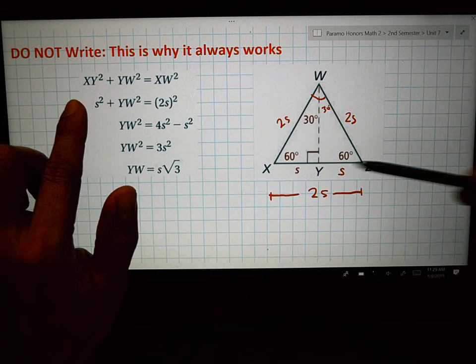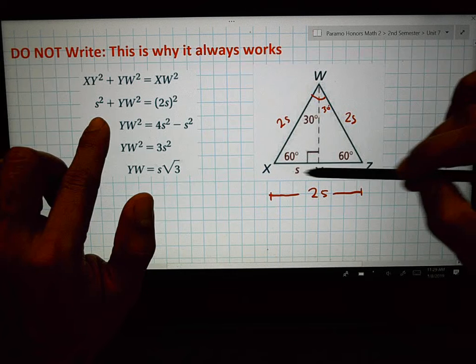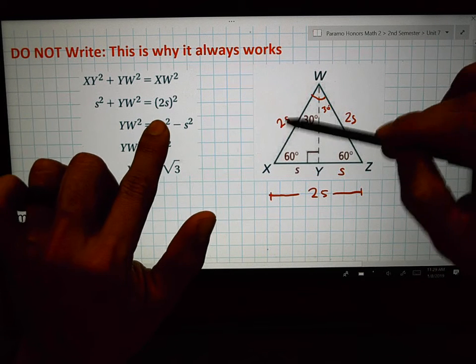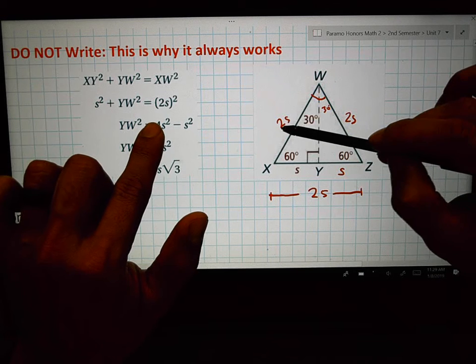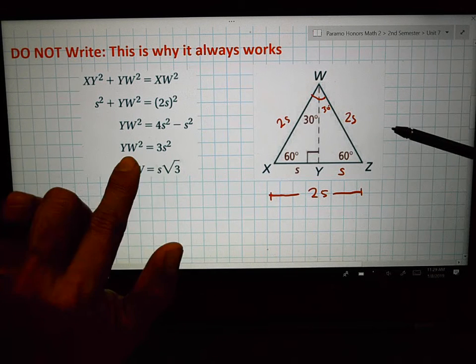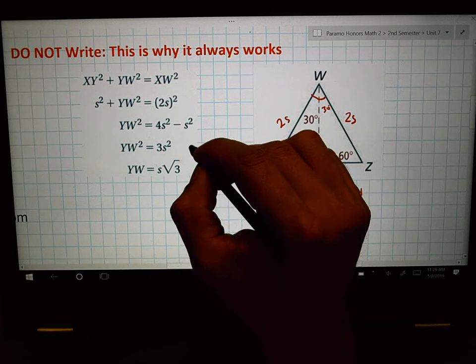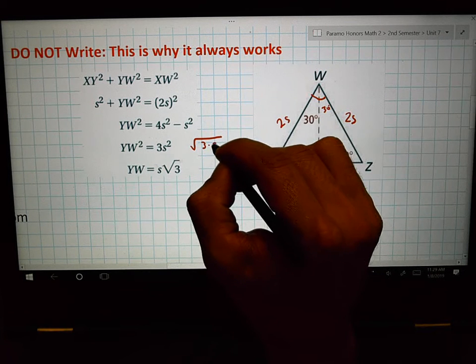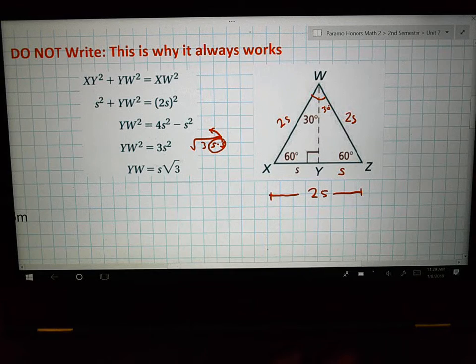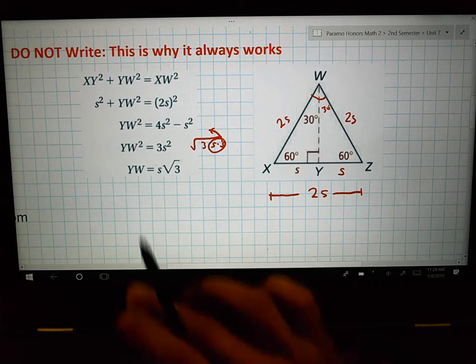That's what they're doing here. S squared plus this thing squared equals that thing squared, which comes out to 4s squared. Take away the s squared is 3s squared. If you square root both sides, let me do that for you. There's the pair. Pops out, it's s root 3 every single time. That's the reason why it works.